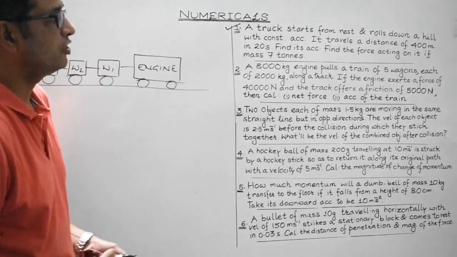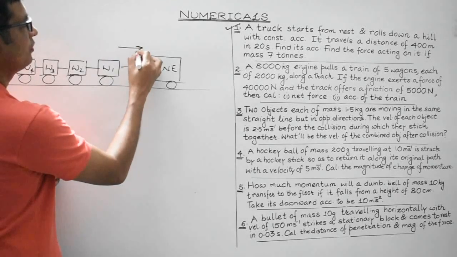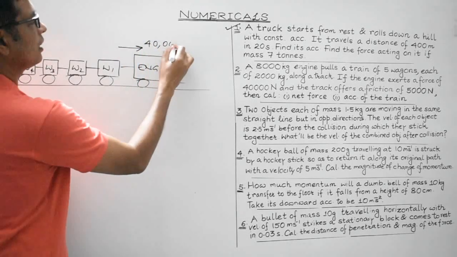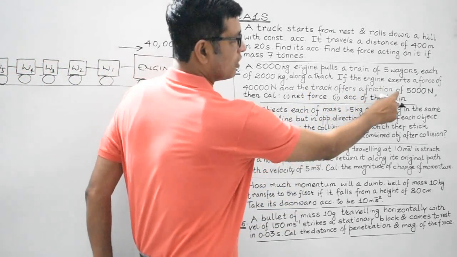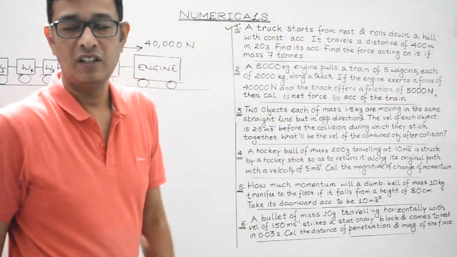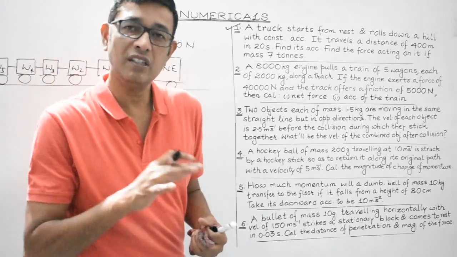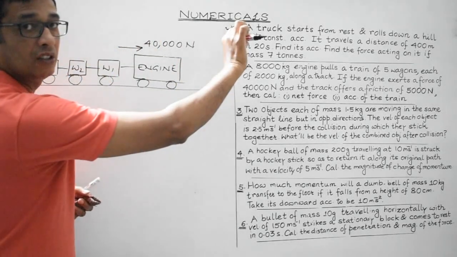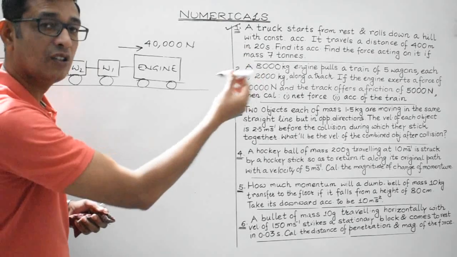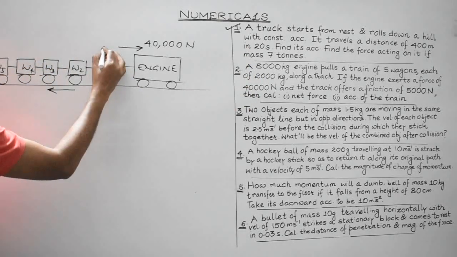So, if the engine exerts a force of 40,000 Newton, and the track offers a frictional force of 5,000 Newton. Friction means the force which opposes the motion of the body. The train is moving along this direction, so the frictional force must act in the opposite direction. So, this is the force of friction.